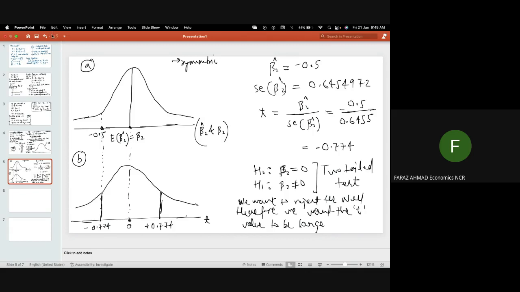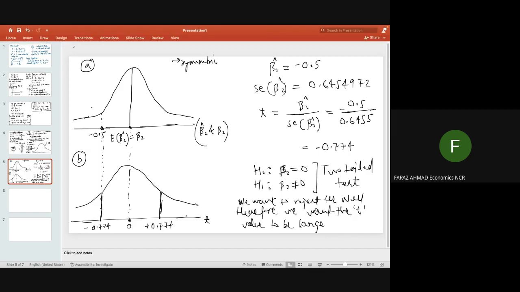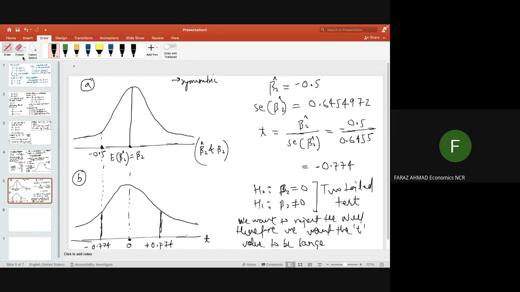So let me talk about that before coming to the final conclusion. So what is that area part?